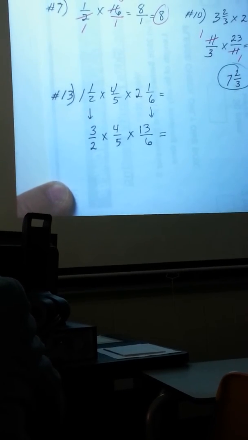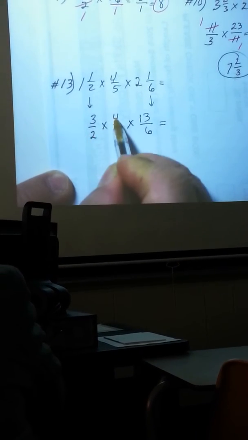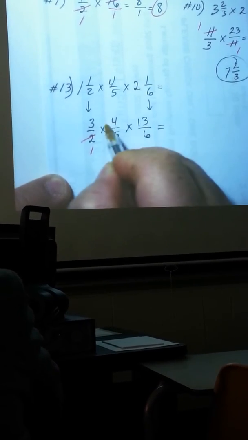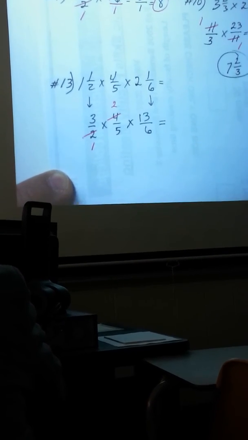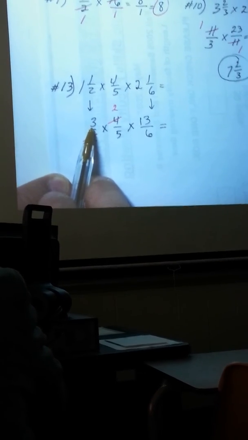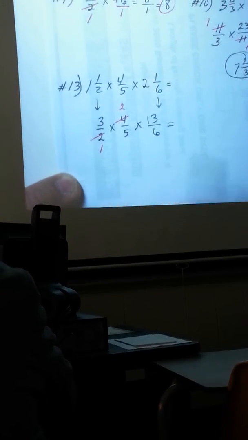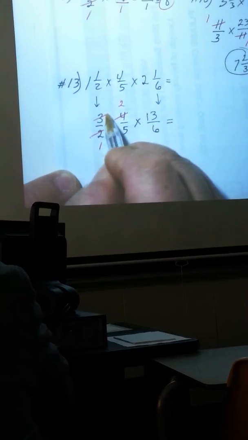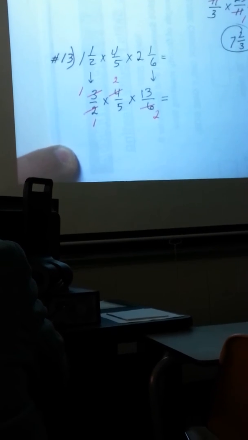Those two are still diagonal. 2 and 4: I get 1 for 2 and 2 for 4 because 2 can go into both numbers equally. It's easier for me to think about 3 and 6. What goes into 3 and 6? 3. 3 goes into 3 one time. 3 goes into 6 2 times. Okay. There's one more step. You see the 2 and the 2, both of them are diagonal, so I get 1 each, right?